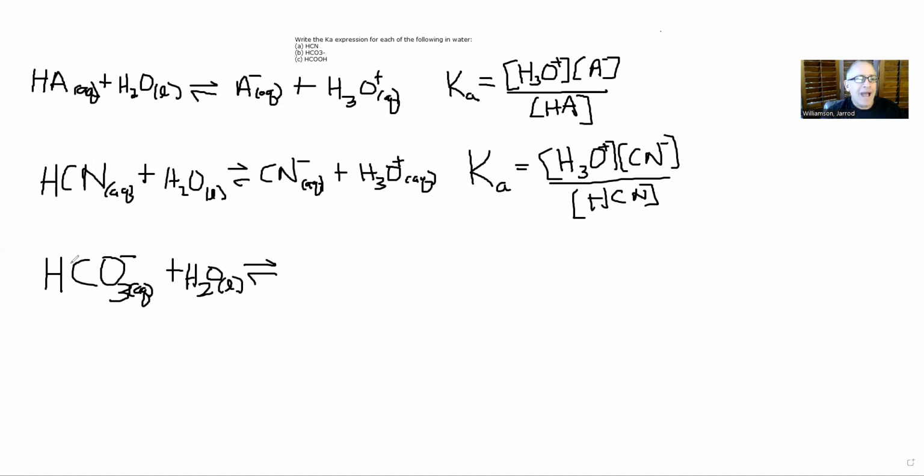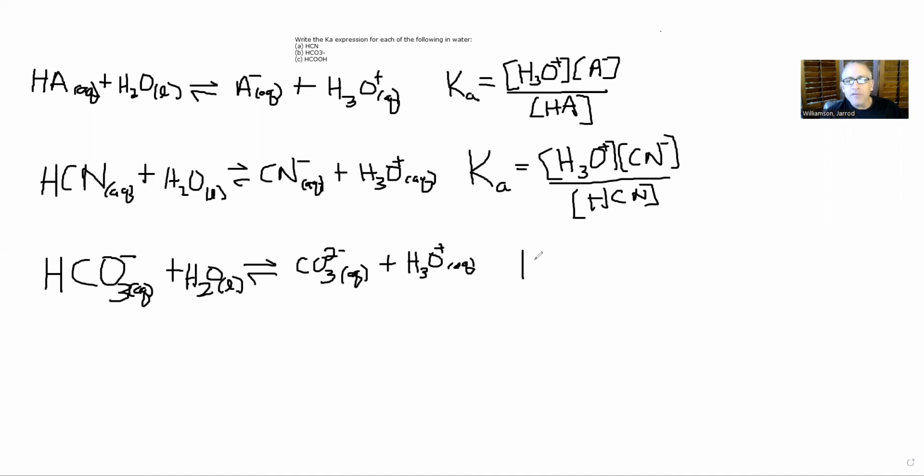Here, we're presuming it acts like an acid where this hydrogen ends up on this water. So we're going to end up with CO3 2 minus, you have to keep track of that, aqueous, plus H3O plus, aqueous.